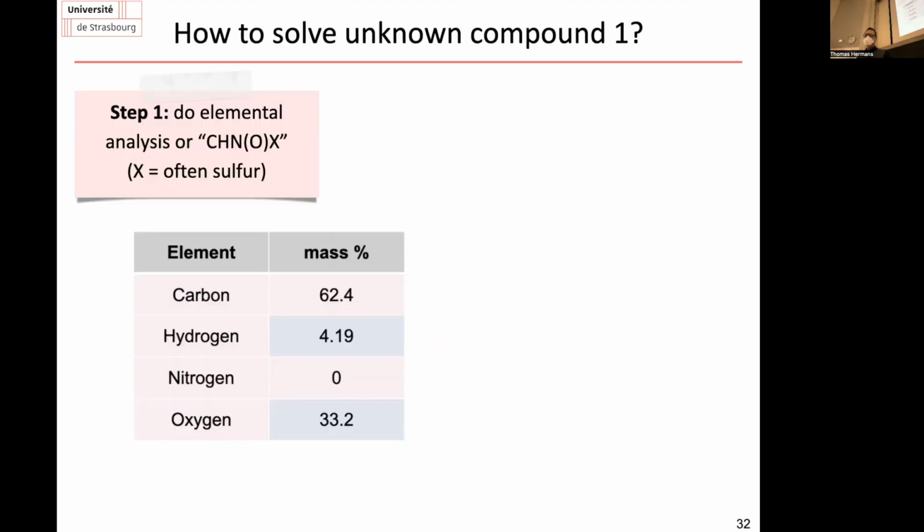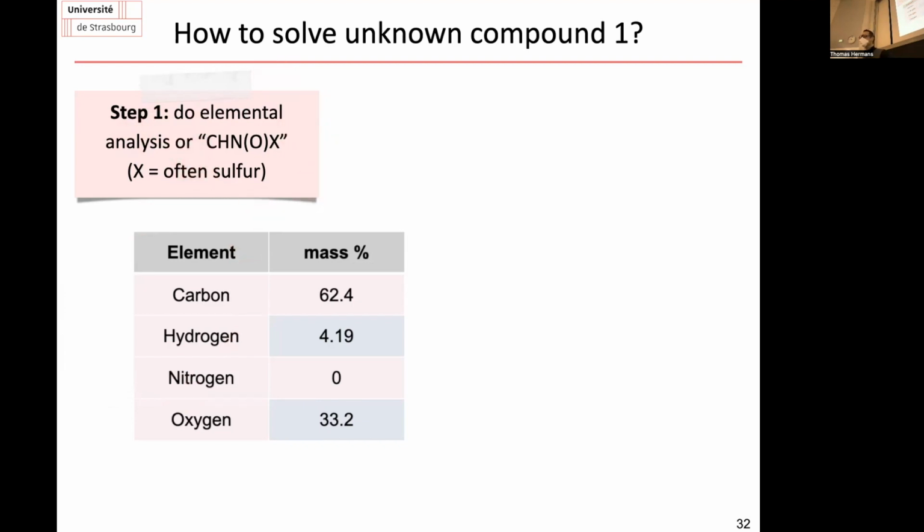Okay, so what can you do? And I'll try in the last class to go a little bit. So the last class is mass spectrometry, and then we'll also try to do some unknown compounds. So how do you approach a problem where you have an unknown compound?